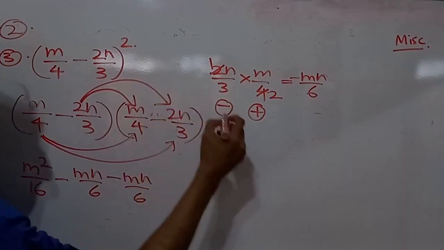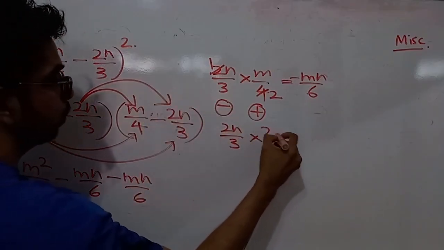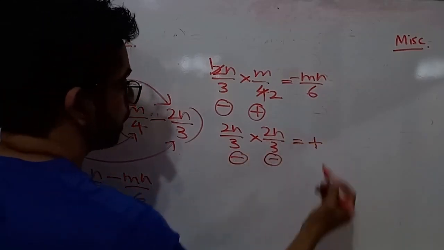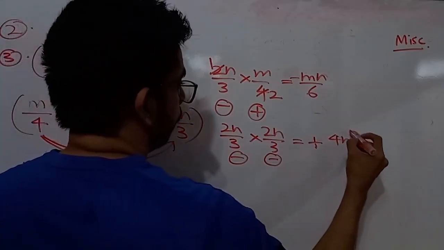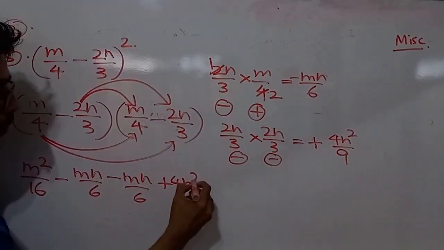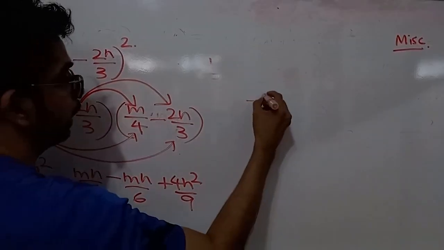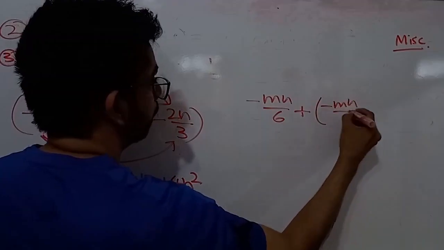Next, it multiplies with itself, 2n by 3 into 2n by 3. This is a negative and this is a negative. So the answer is a positive. Right? So here we get 4n squared by 9. Then negative Mn by 6 plus negative Mn by 6.